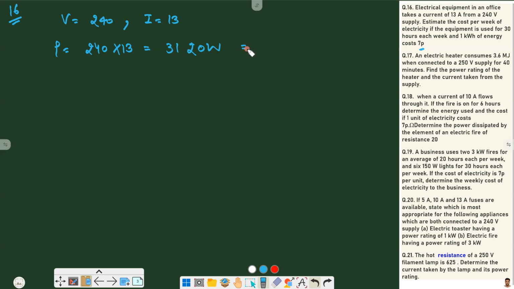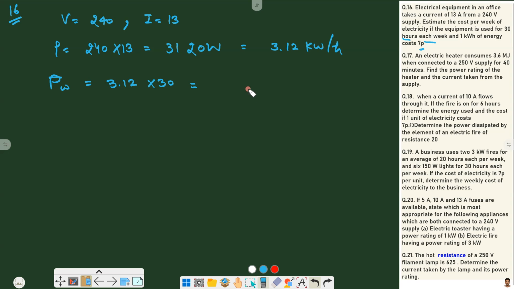So it will be written as 3.12 kilowatt, and by default it is per hour, so 3.12 kilowatt per hour. Okay, so in a week it is used for 30 hours. So this is for consumption for 1 hour. For 30 hours it will be 3.12 into 30. So this will be our total for a week.